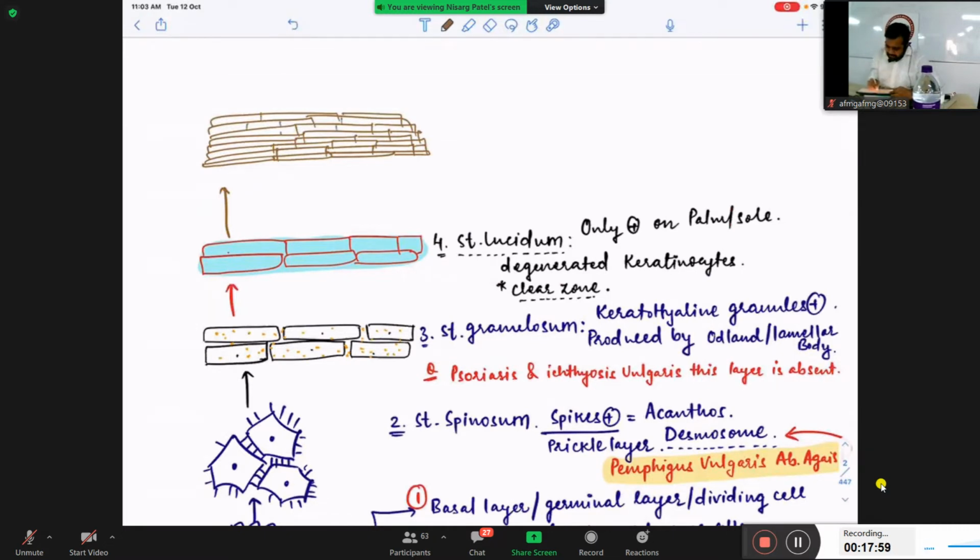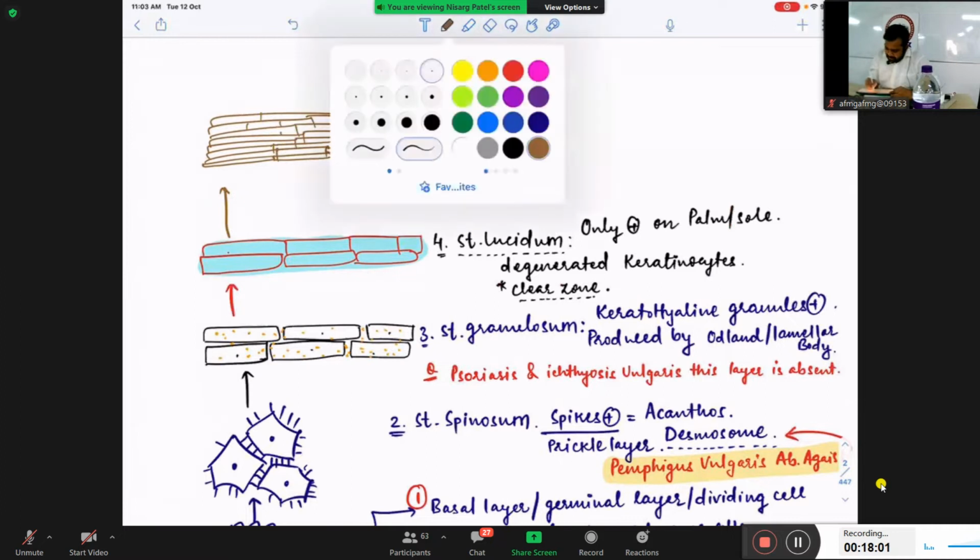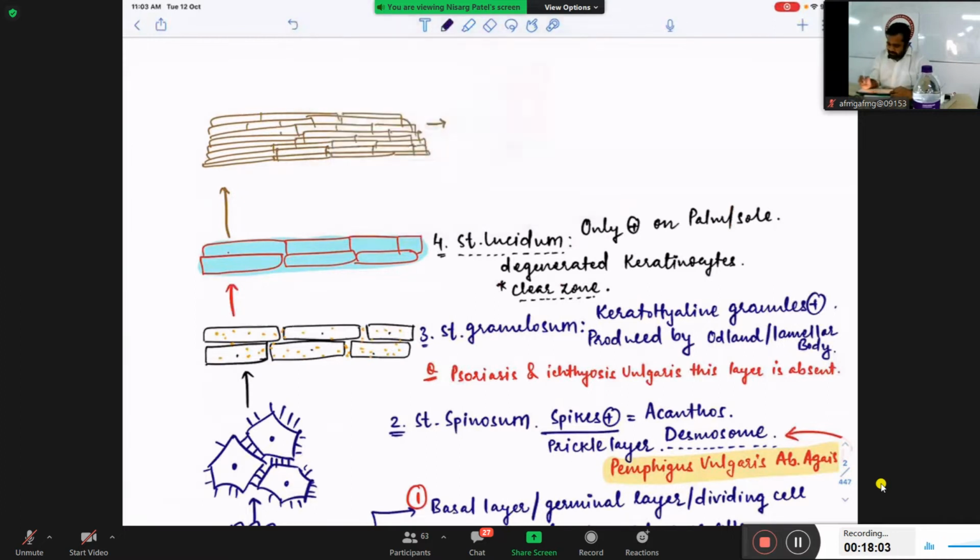So now this cell will become dehydrated, and because it loses all its water content, this cell will have the highest amount of keratin, and because of the highest amount of keratin present, this layer, which is the uppermost layer, is the stratum corneum.